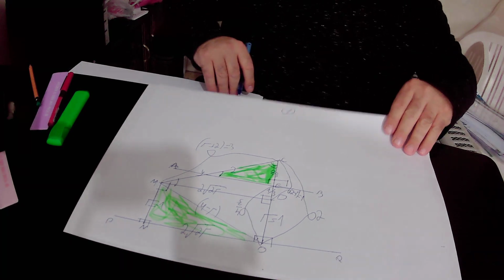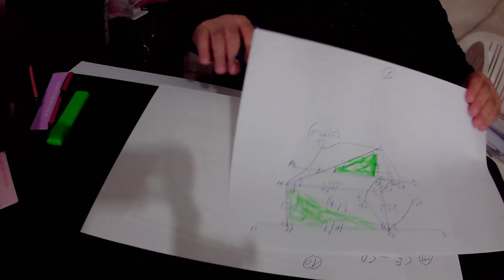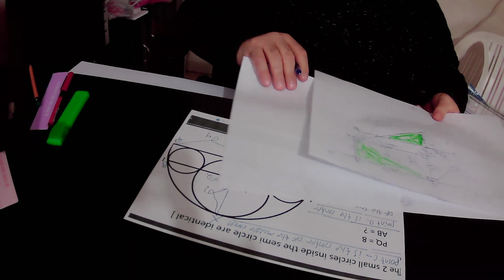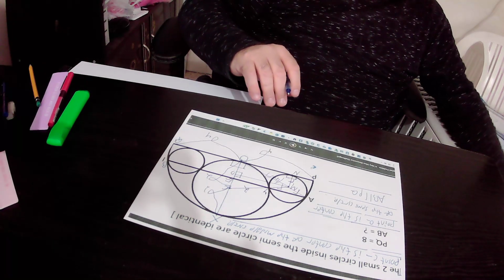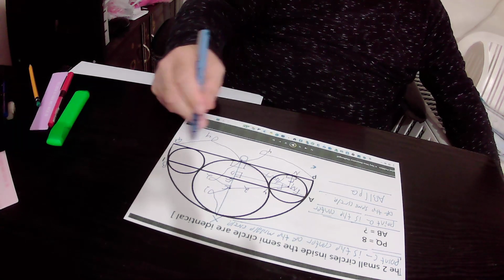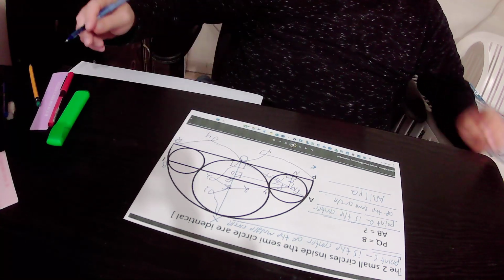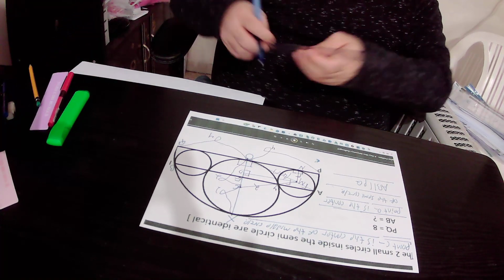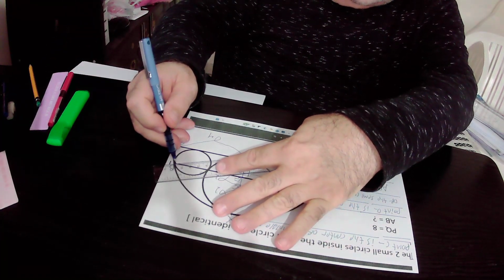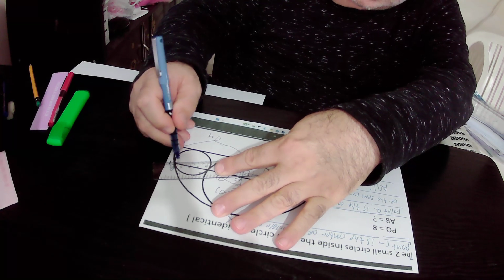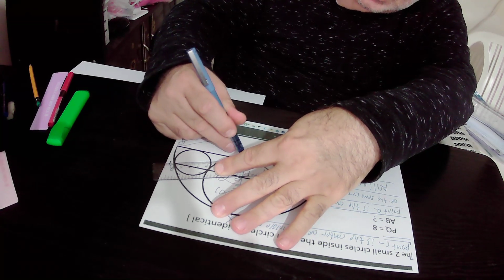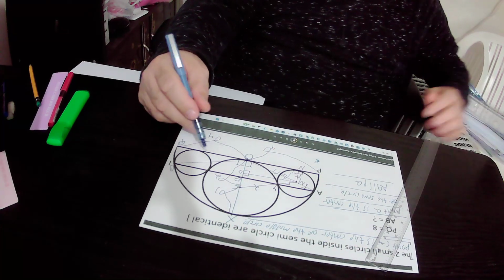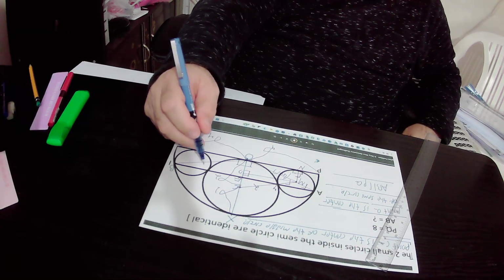In the next step, we will join together points O and B by a straight line, OB. OB is the radius of the semicircle, that is to say it equals 4 units.